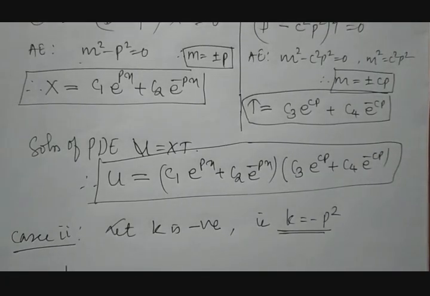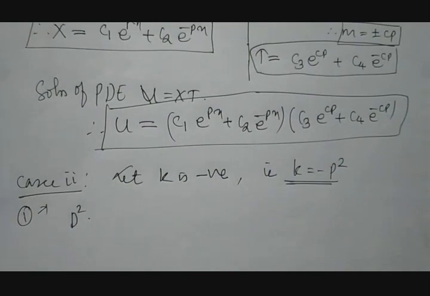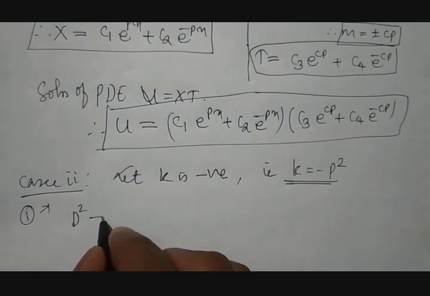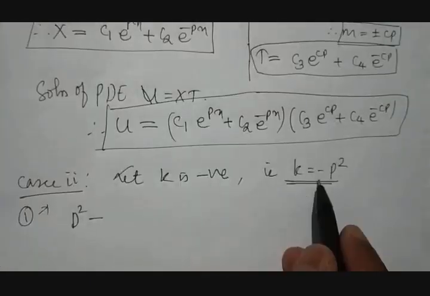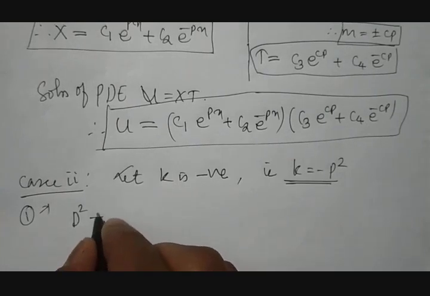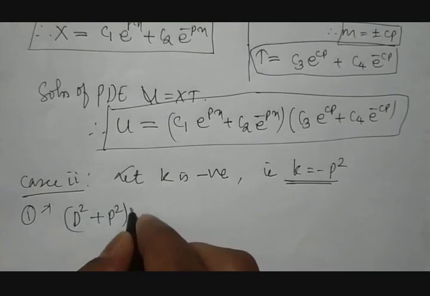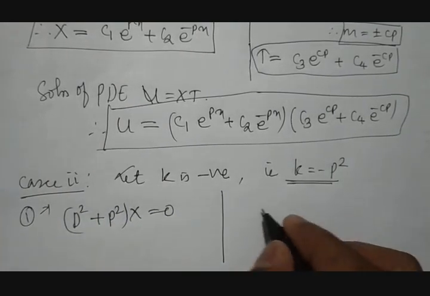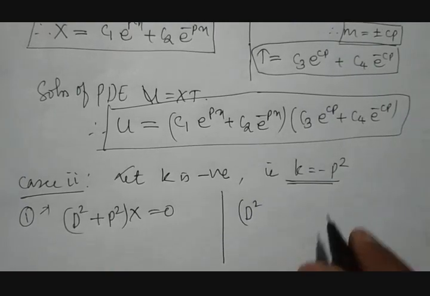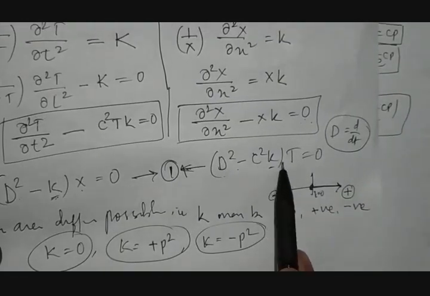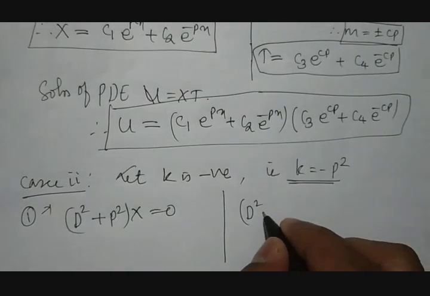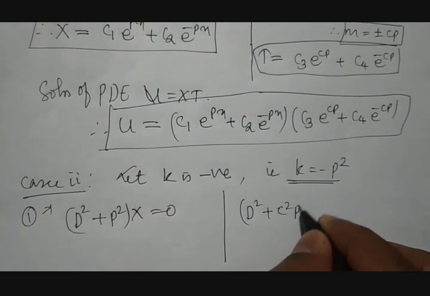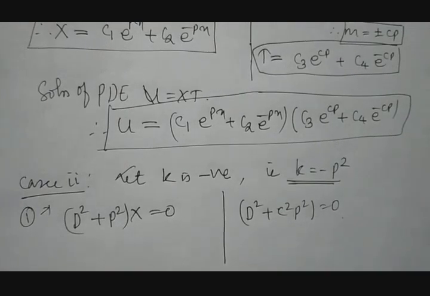So it becomes D square minus K, but K is equal to minus P square, so it becomes minus of minus, plus P square of X equal to 0. Similarly, D square minus C square K, but K is minus P square, so minus of minus plus. So D square plus C square P square equal to 0.